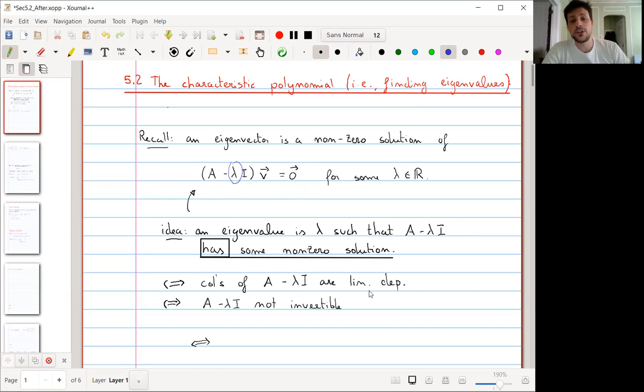This is another way of saying that we want A minus lambda I to be not invertible, or in a way that is actually way more computable for us, equivalently, we want to say that the determinant of A minus lambda I is equal to 0. That is an equivalent definition to the fact that the homogeneous linear system has non-zero solutions.